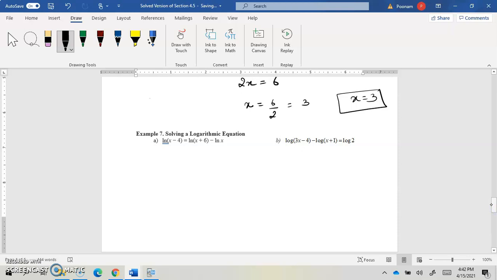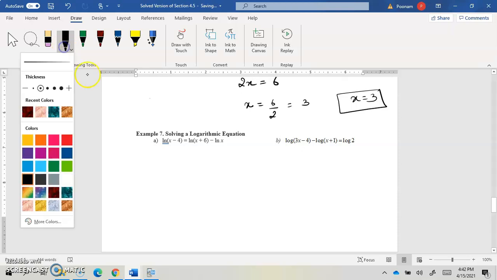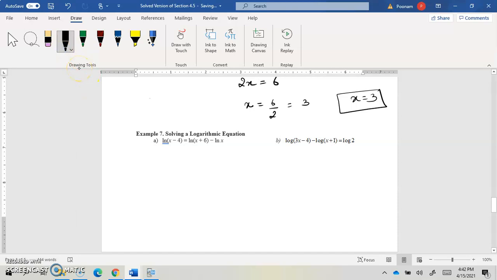Example number 7 is also the same kind of log equation. On both sides, all the terms are in log expressions, and they're all natural log in this part A. So let's make it one log using the quotient property first. Natural log of x minus 4 can be written as natural log of x plus 6 divided by x. So what did I use here?